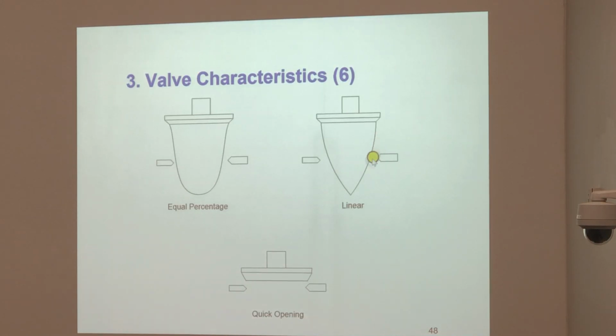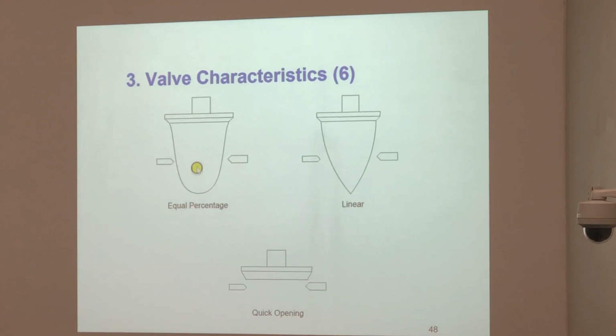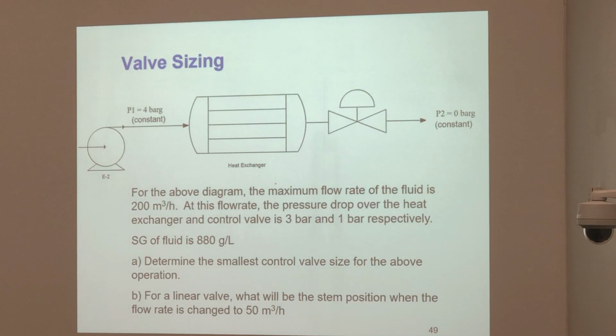And then the fraction of this opening is the Fx. So when all these move up, the fraction of the opening becomes 1. So the Fx represents whatever opening we have. The stem position is the X on the top. When I control the valve on the top, I will move the valve to a certain position. Alright, this is the important calculation for valve sizing.